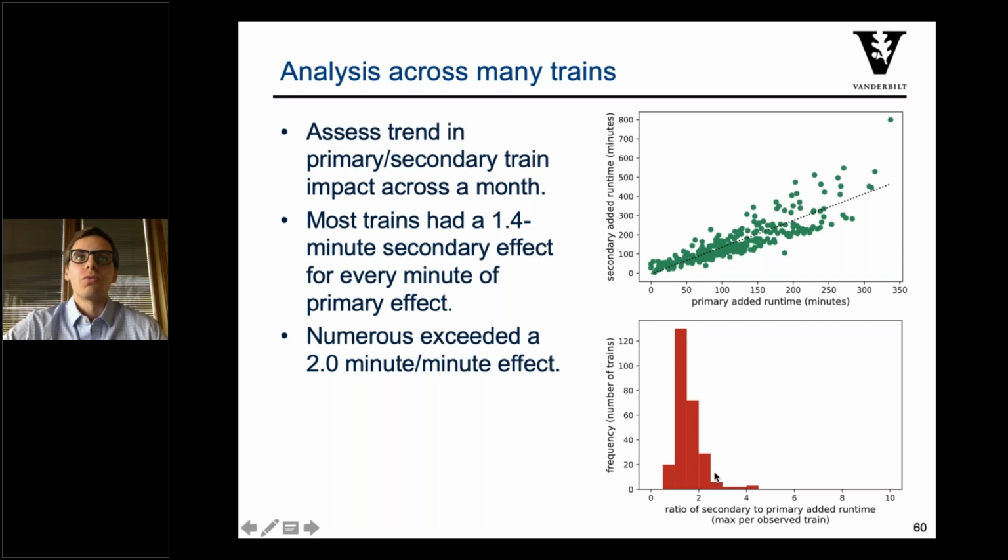Taking these ratio values, primary versus secondary ratio, as a histogram, we can then identify very easily those trains that had an outsized effect on others because of fixing their trajectory.